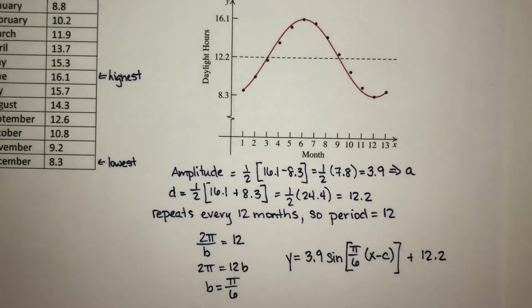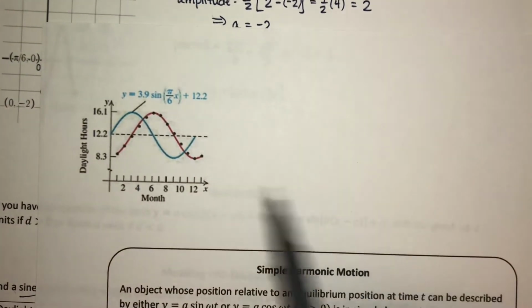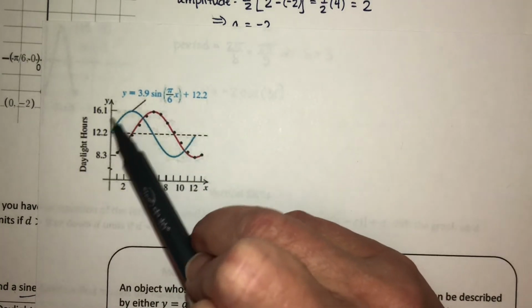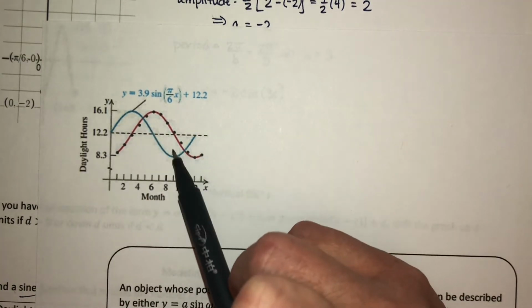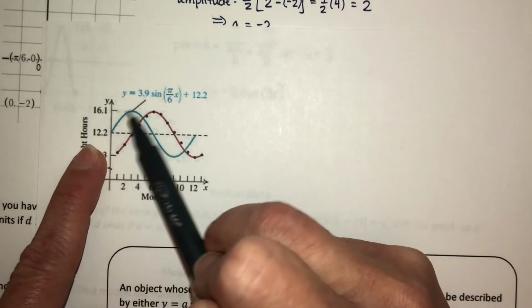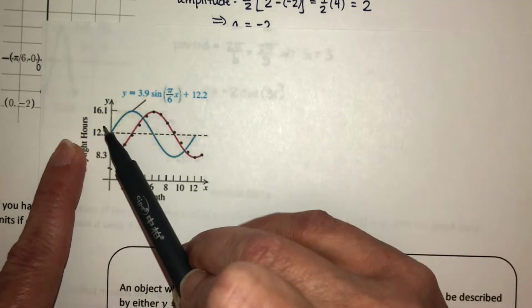Basically, I've got everything I need for my graph except for the horizontal shift. Now, if you look at this, in blue is our graph if our phase shift is 0, without a horizontal shift at all.